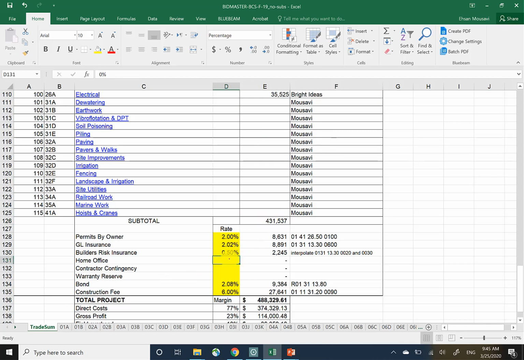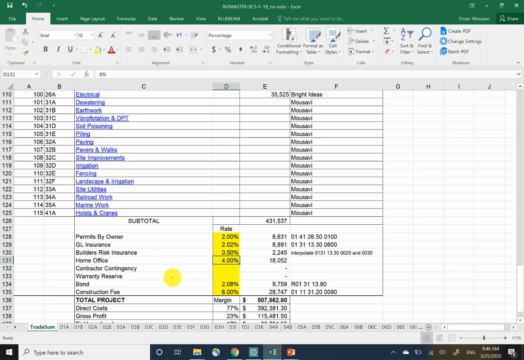Now the home office cost, as you can see, we just talked about how that percentage is calculated. Let's say it turns out to be 3%, right? You just put it in there. 4%, whatever that number may be. Like I said, I just explained the way of finding that percentage. Once you find that percentage, you just populate it here.